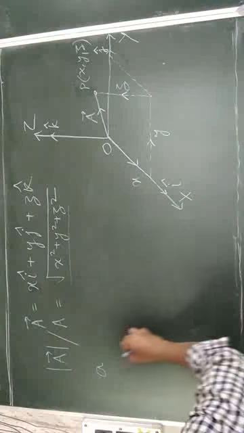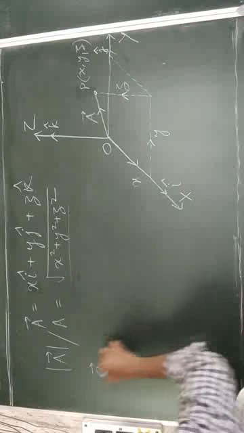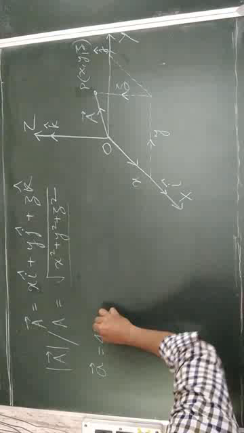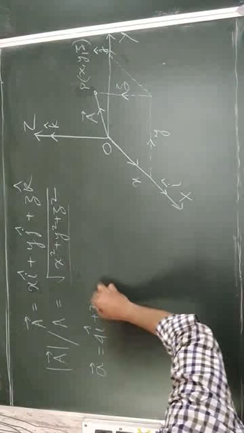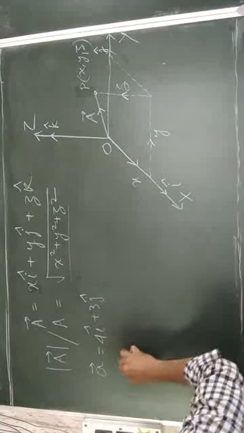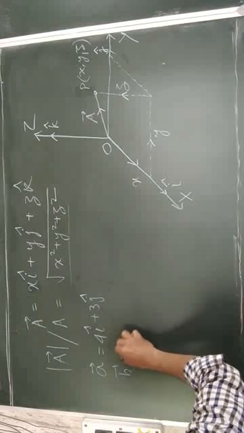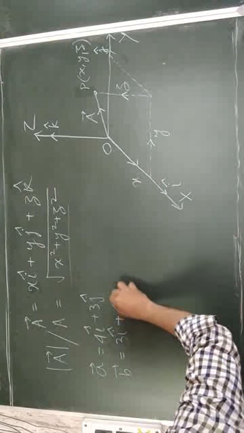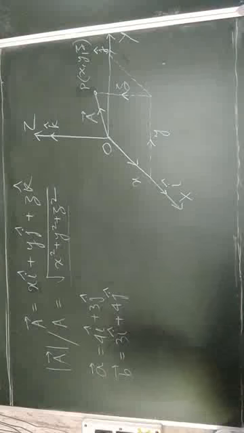Two vectors are given: A vector is equal to 4i cap plus 3j cap, and B vector is equal to 3i cap plus 4j cap.